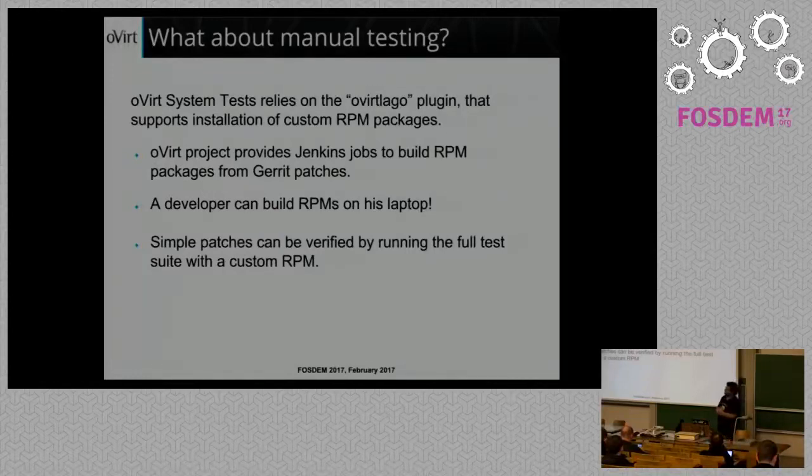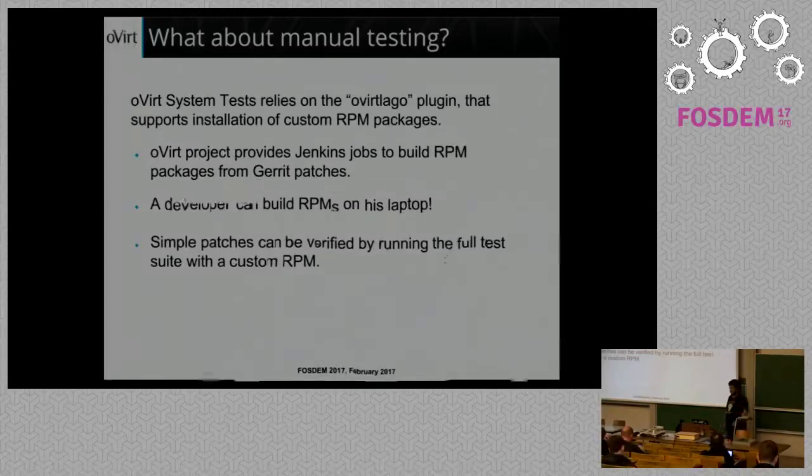We have several jobs on Jenkins that can build custom RPMs from a Gerrit patch. We use Gerrit on oVirt. And you can easily build some RPMs from any Gerrit patch and use those RPMs on oVirt system tests to create an environment with the new functionality you implemented or with the fix you are doing.